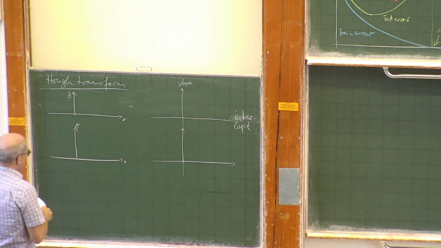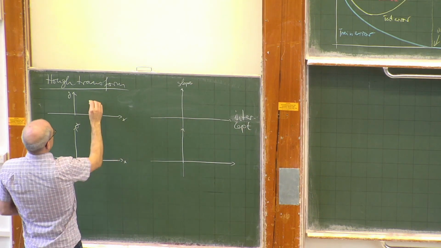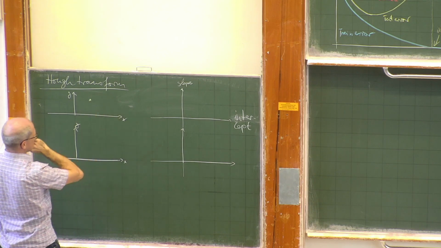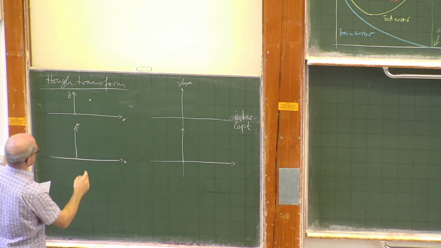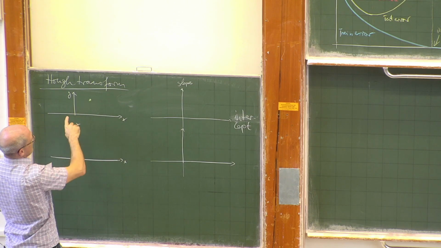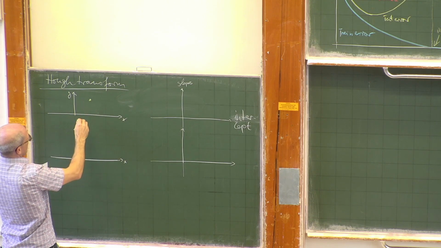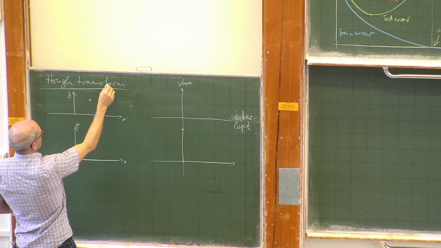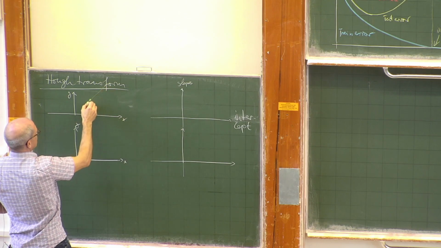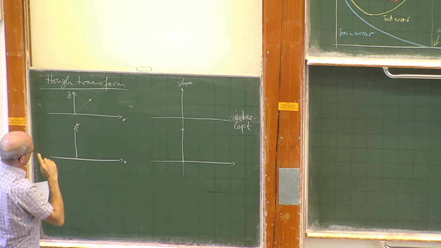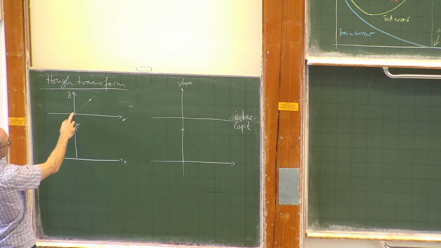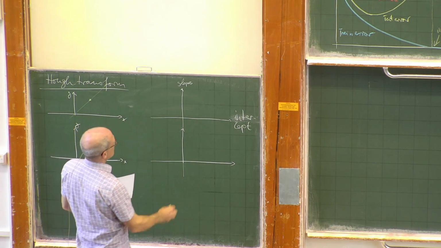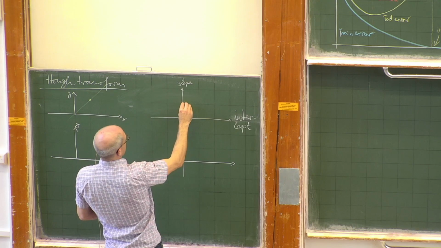Okay, and if we now take a point like this one here, there are many ways I can explain it. I could explain this point, for example, by a straight line going through the origin. So this would have an intercept of 0 and a slope of 1. That would be this point here.